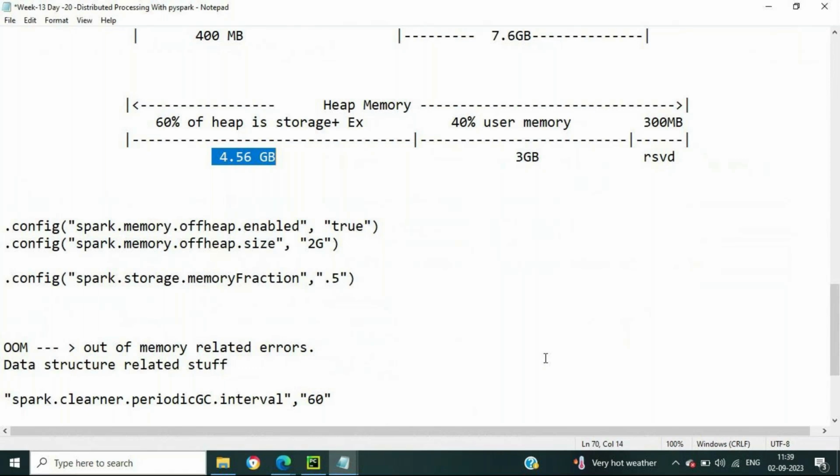Once we have too many objects inside the memory which are not in use, they will occupy some space in the off-heap memory, that is outside the JVM.